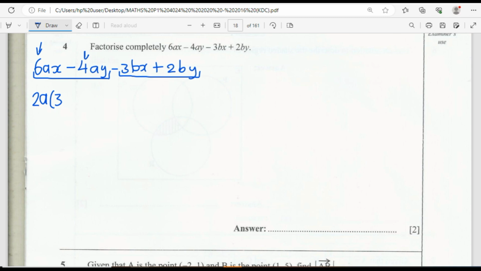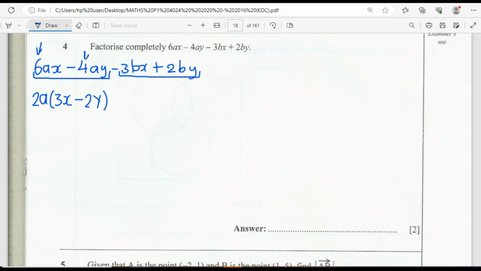Then a, we've factorized a, so the remaining part here is just x, minus, then 2 into 4 will just give us 2. A is not there, so we just put y.